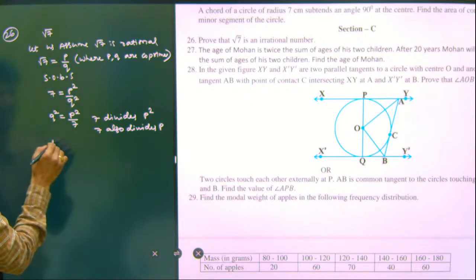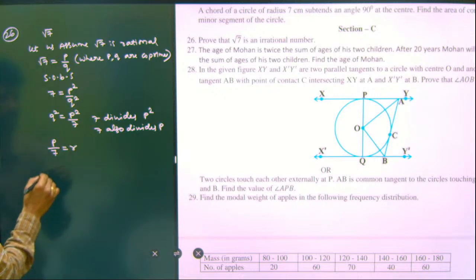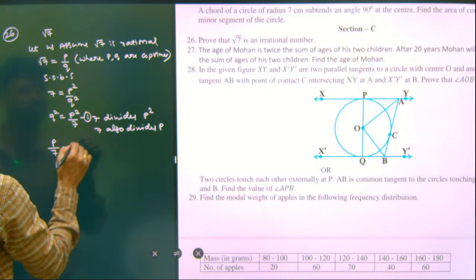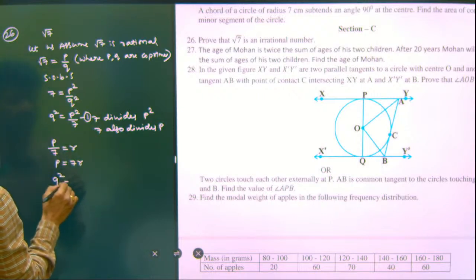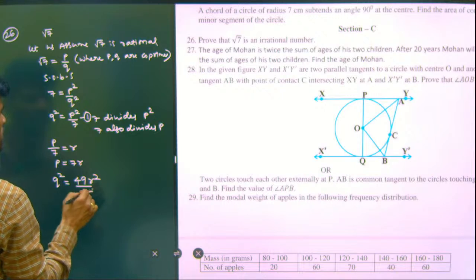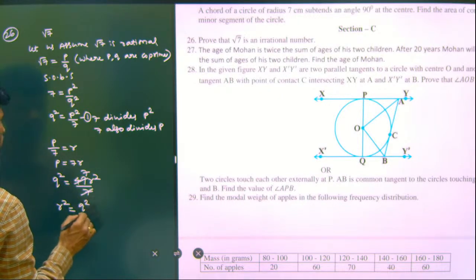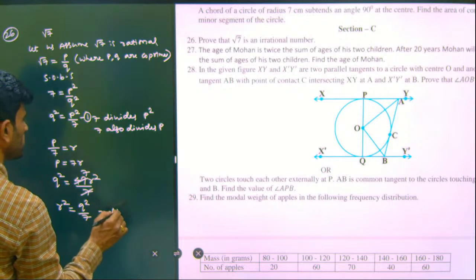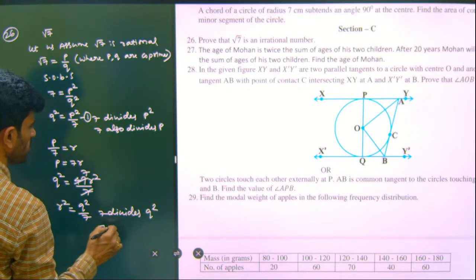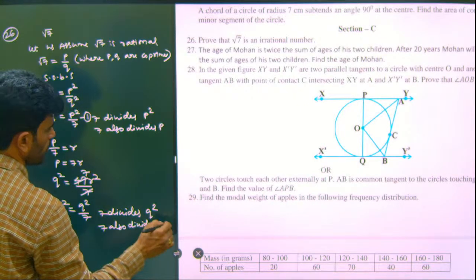When 7 divides p, we take p by 7 is equal to some r. So p is equal to some 7r. This we substitute in 1. Then we get q square is equal to 49 r square by 7. Then after cancellation we get r square is equal to q square by 7. Then we write 7 divides q square, 7 also divides q.